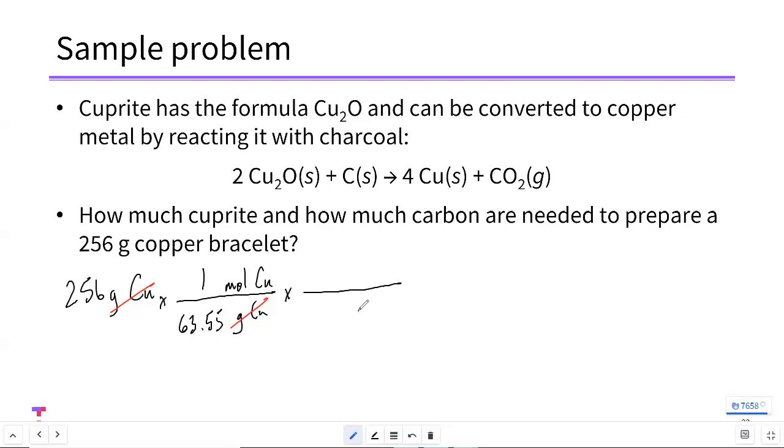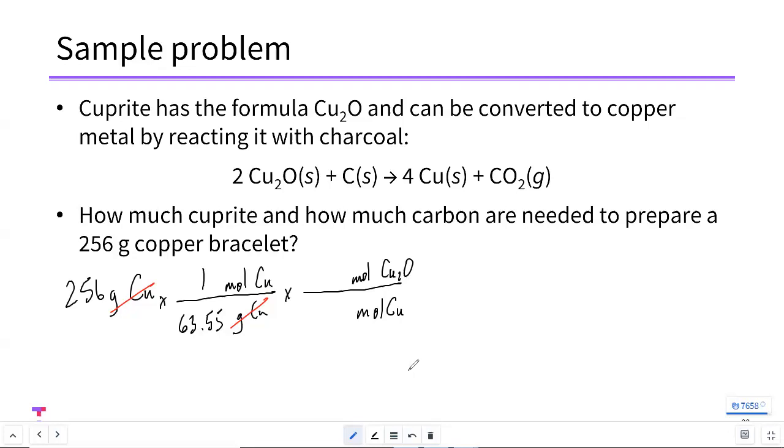Here's my second step. This is the step that we haven't seen yet. We want to turn moles of copper into moles of cuprite. How do I use the balanced chemical equation to do that? This is where the coefficients come in.